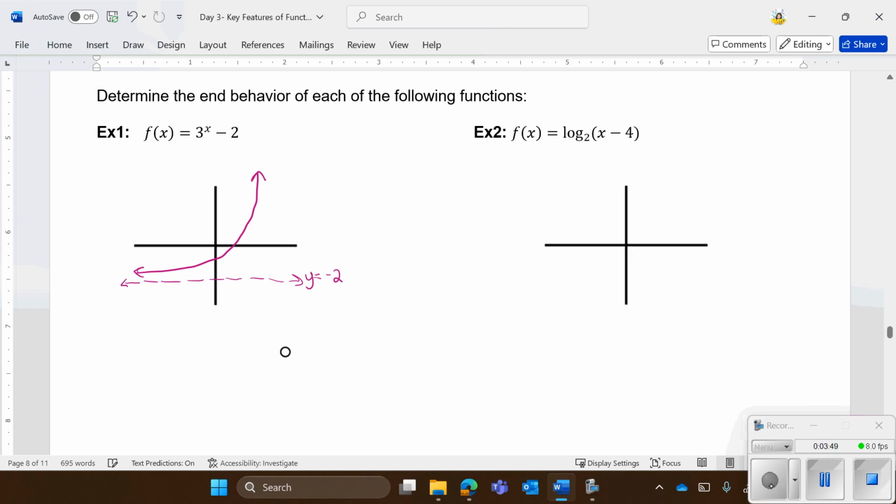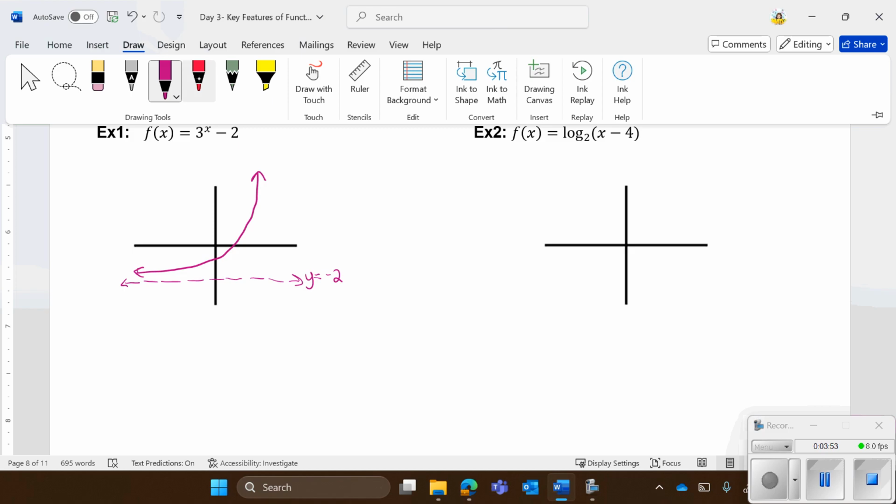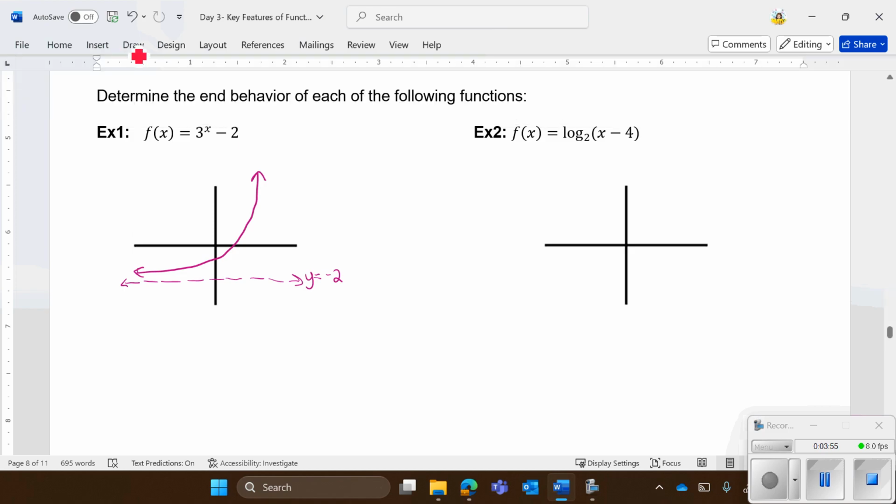Once you have an idea of what the graph looks like, then you can express your end behavior. As x goes to negative infinity first, it doesn't matter which one you do. As you look on the left towards negative infinity, what is this arrow doing?